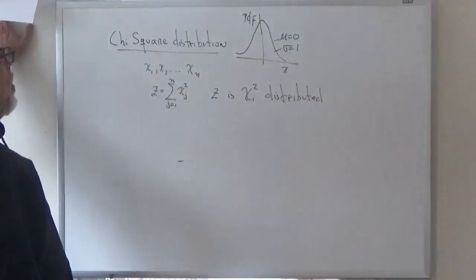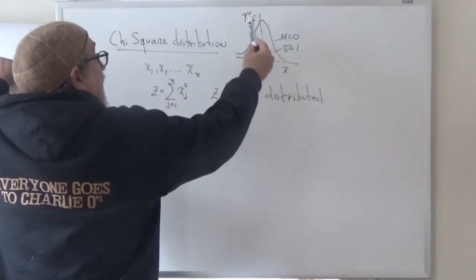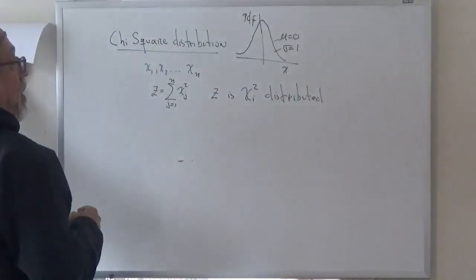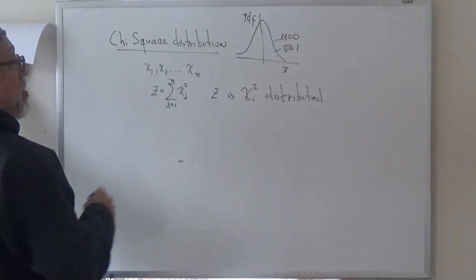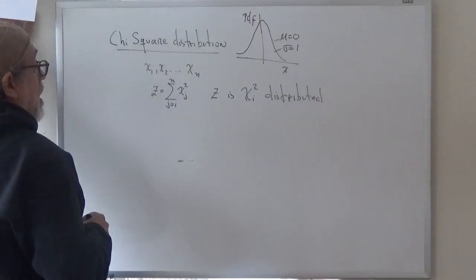So the chi-square distribution is the sum of the squares of a Gaussian with unit standard deviation. All right.